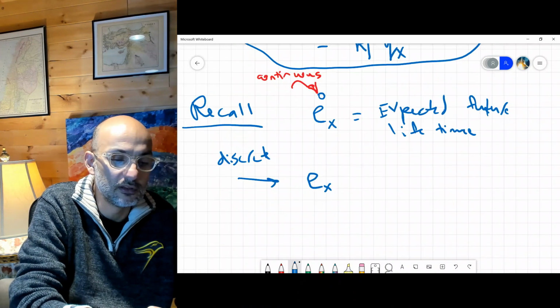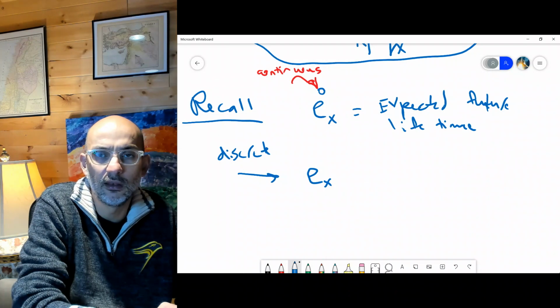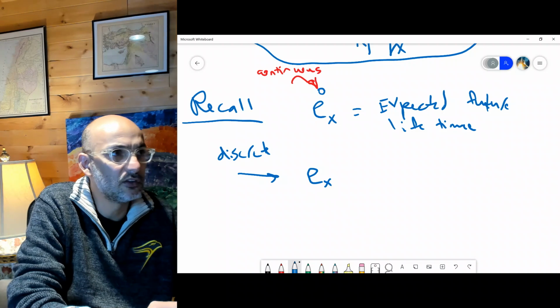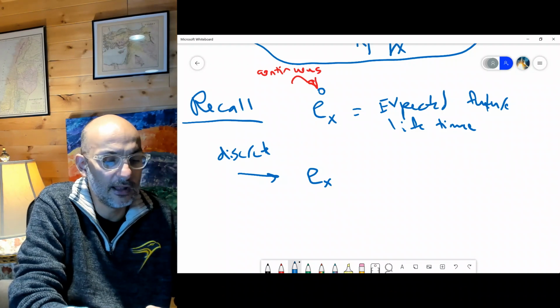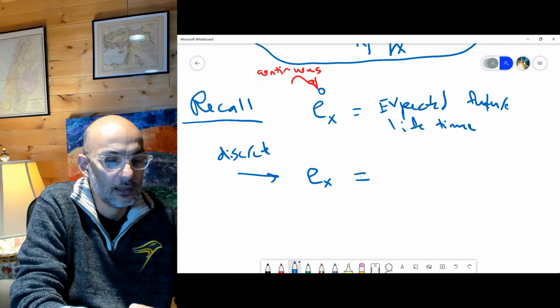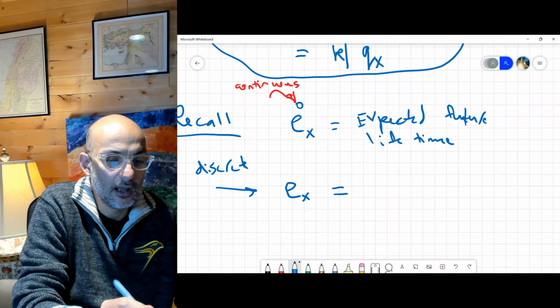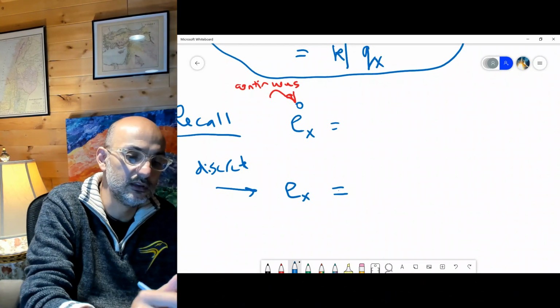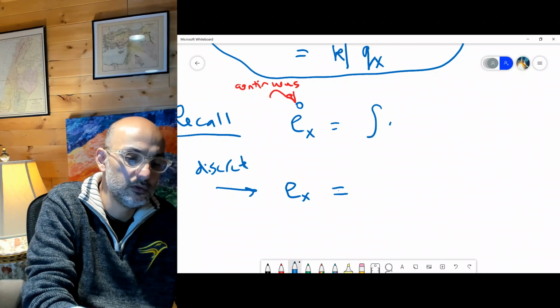And remember, what is this? It's the expected value of the future lifetime. If you remember how we calculated the expected future lifetime in the continuous case, we said we integrate tpx dt.